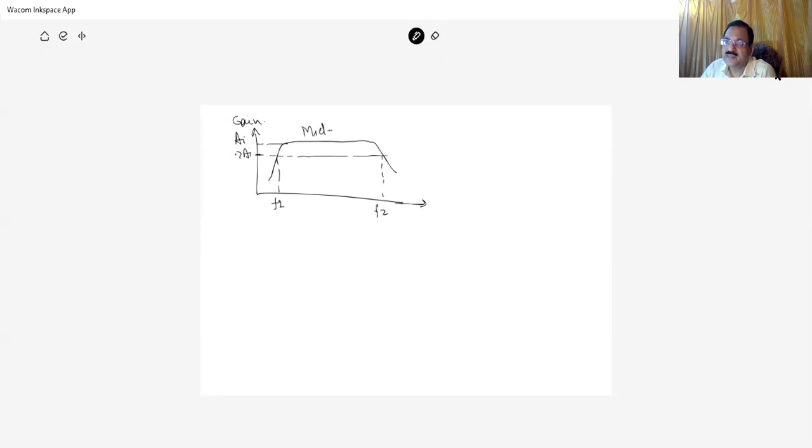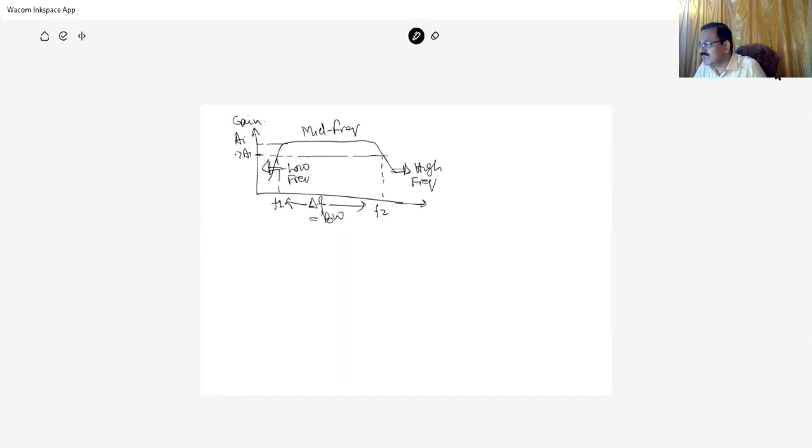Here it is high frequency, and this one is low frequency. And this part is delta F, that is the bandwidth of the given amplifier.